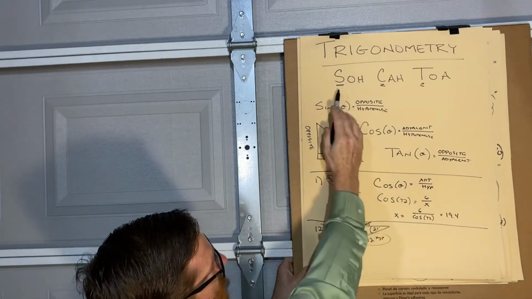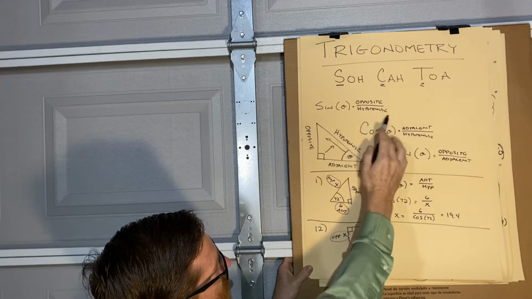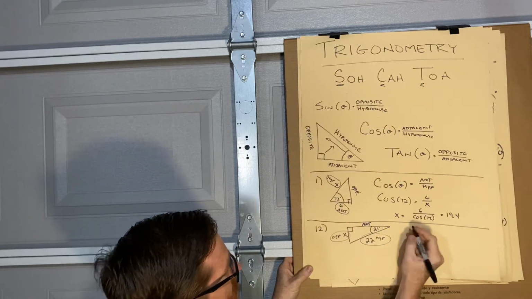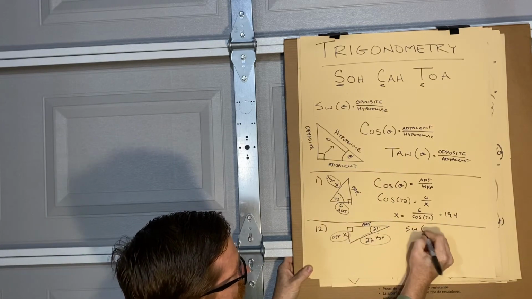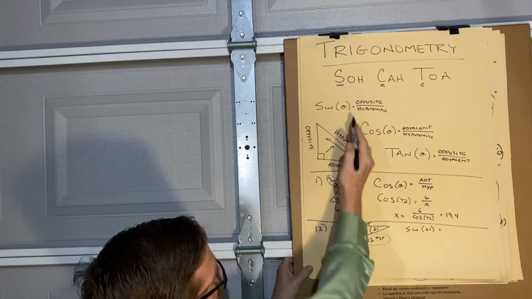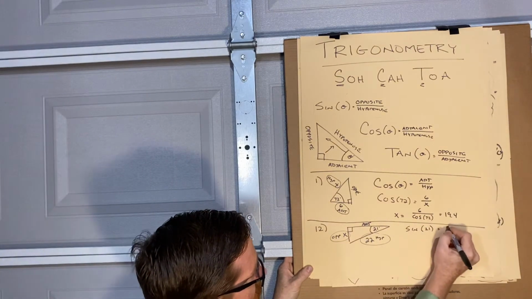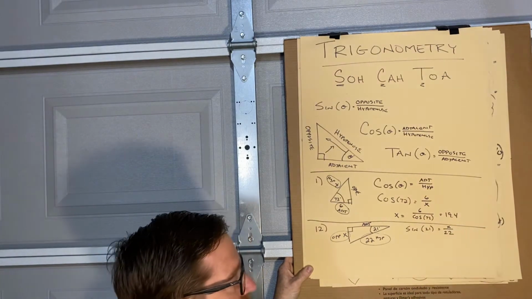So I jump back up to SOHCAHTOA, the O and the H goes with the sine function, so I'm using this for number 12. The sine of the angle measure here, 21 degrees, should equal, it says, opposite over hypotenuse. Opposite's the x, hypotenuse is 22. X over 22.